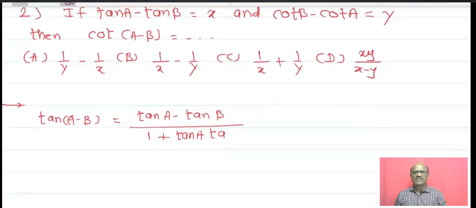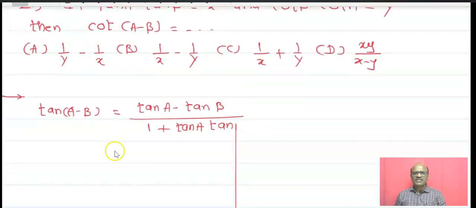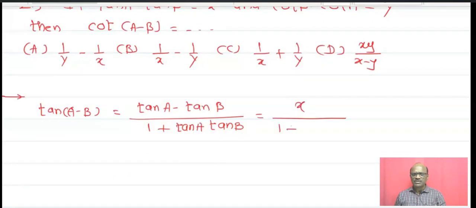Now we will substitute the value of tan of (A minus B), which is nothing but x. Now our job is to find the value of 1 plus tan A tan B. See here, x upon (1 plus tan A tan B).